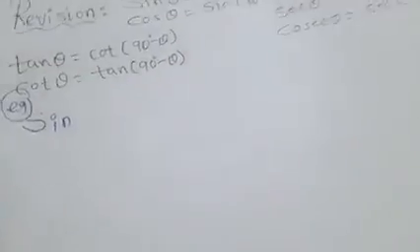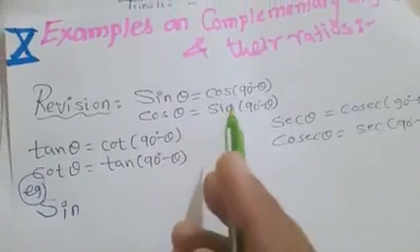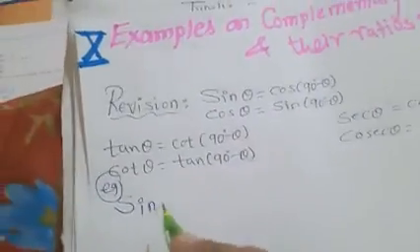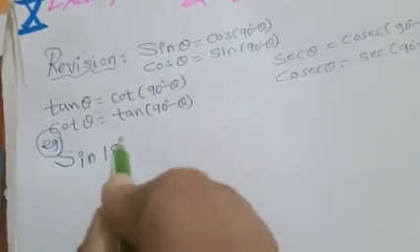Now depending on these complementary angles and their ratios, we see some examples. Suppose sin 18 is given to you.